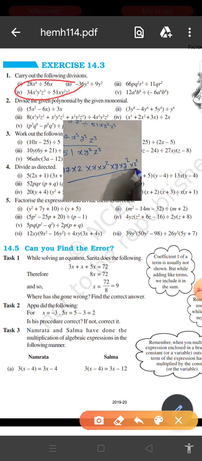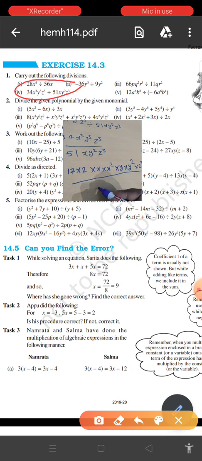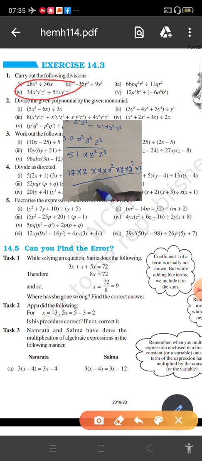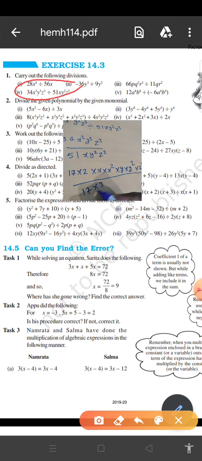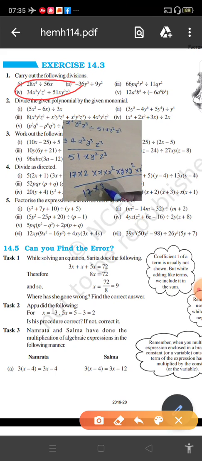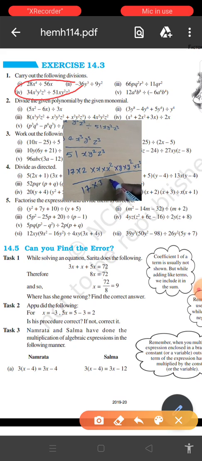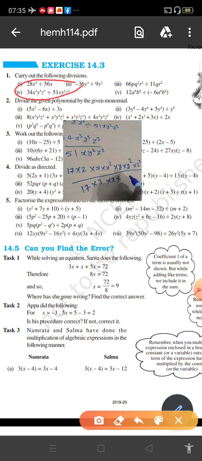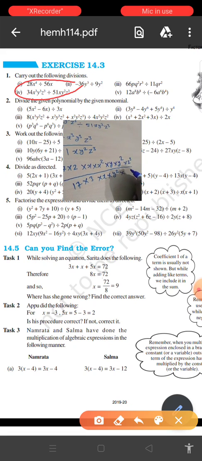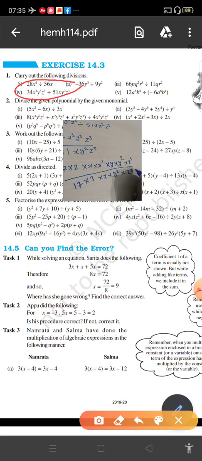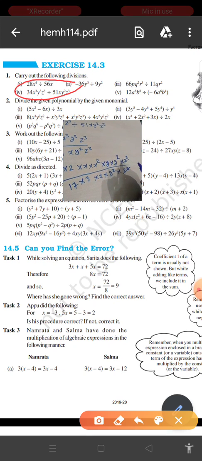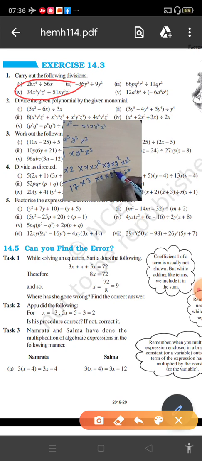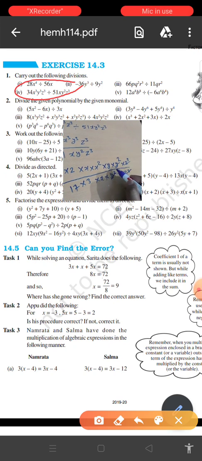Okay, after this 51 we can write as 17 into 3, 51 and 17 both are prime numbers. Okay, and x into y power 2 into z power 3. So you can see z power 3 cancelled, y square is also cancelled.